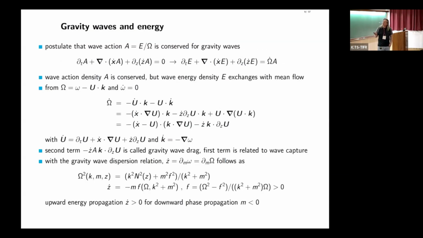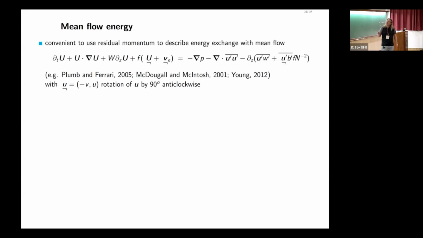But before we look at this gravity wave drag in more detail, we want to first check what is the fate of this energy, this A times omega dot. As we said, it's exchanging with the mean flow, and we have to make sure that it's also ending up in the mean flow. So consider this. This would be a model momentum equation, where we put in a parametrization related to this energy stuff and wave ray tracing, and where we want to make sure that the energy ends up there, right?